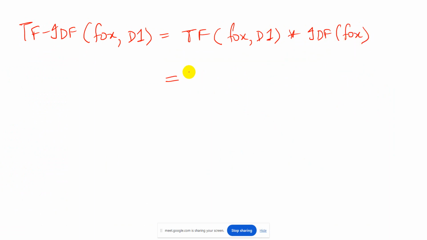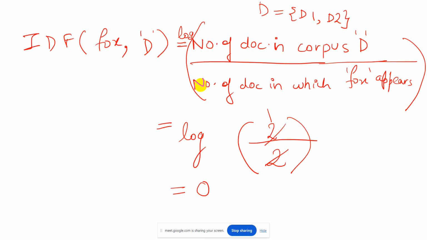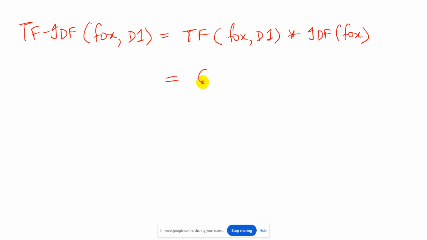So that value is, in the first document, what was the term frequency? 0.17, and the IDF value came out to be 0, so it is 0.